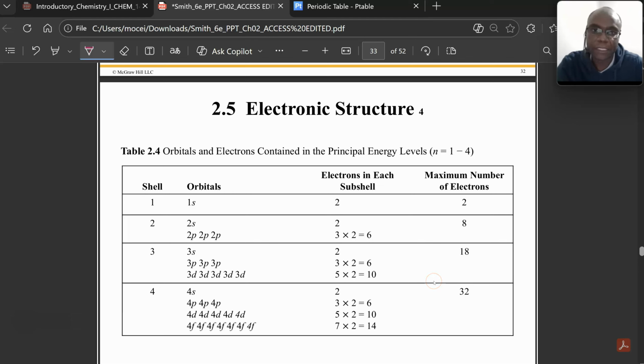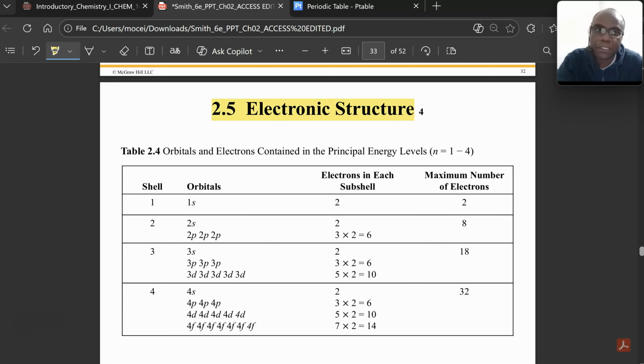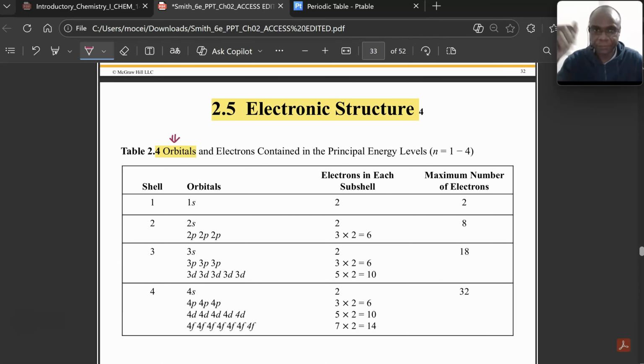Which brings us to this page. Let us talk about the electronic structure comprehensively. We have determined that electrons live in orbitals, which are just the statistical spaces where you are likely to find an electron. That's the definition of an orbital.